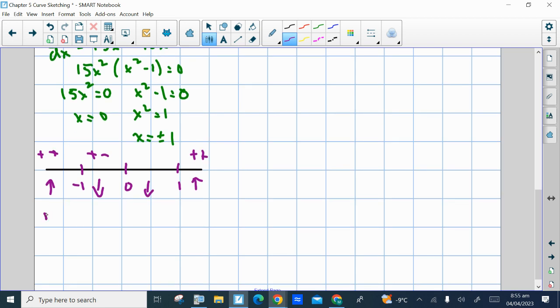But before we go there, we have a maximum at f at -1. And when x is -1, you'll get +2 in the original function. We'll have a minimum at f at +1, which works out to be -2.